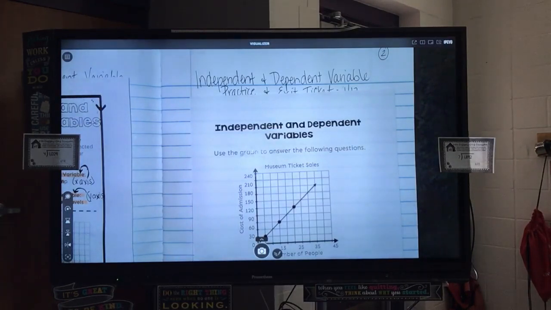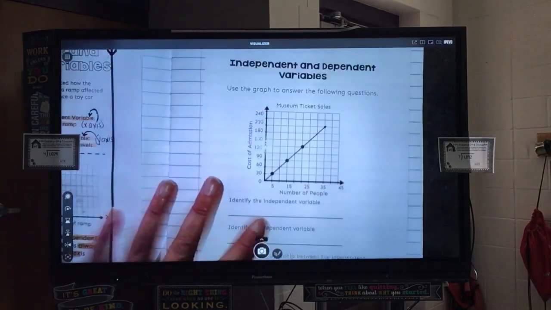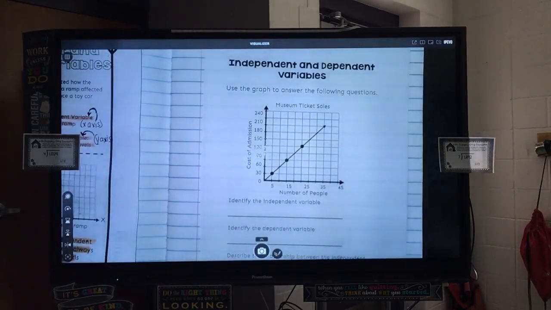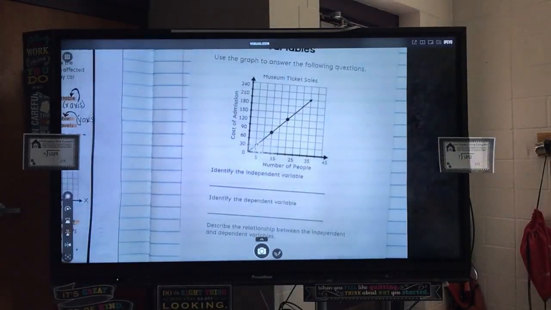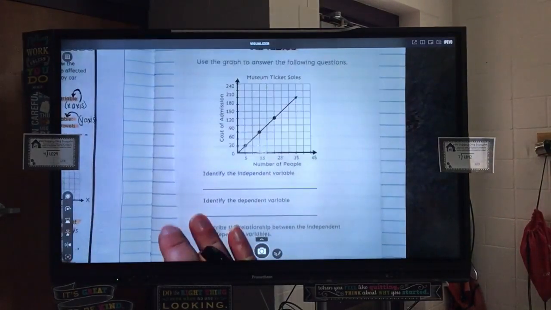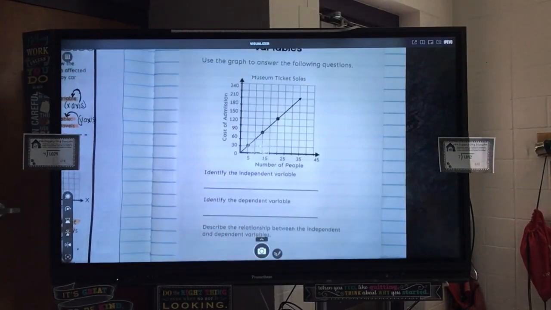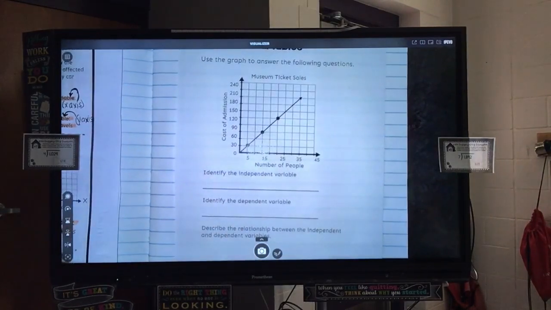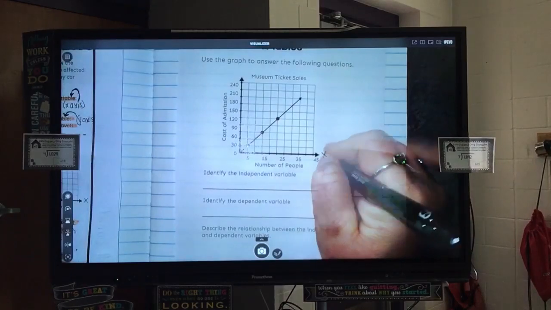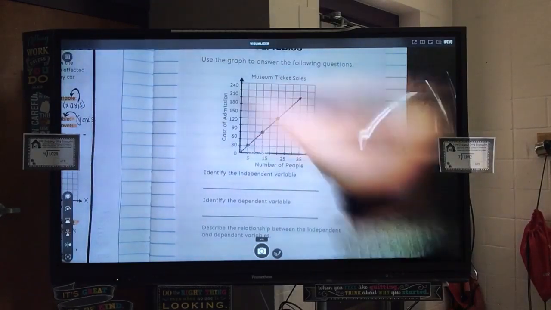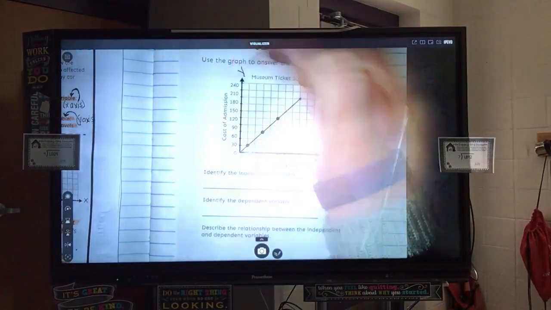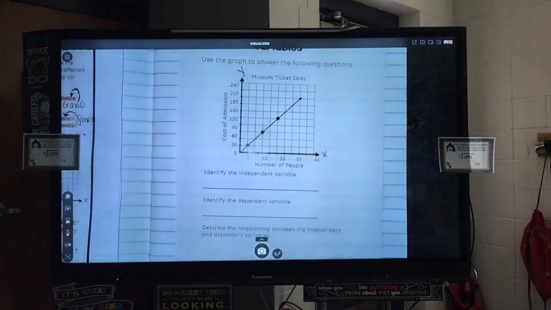Alright, let's go ahead and talk about this. This says, use the graph to answer the question. The title of this graph is Museum Ticket Sales. The x-axis is telling us the number of people who attended, and the y-axis is telling us the cost of admission.